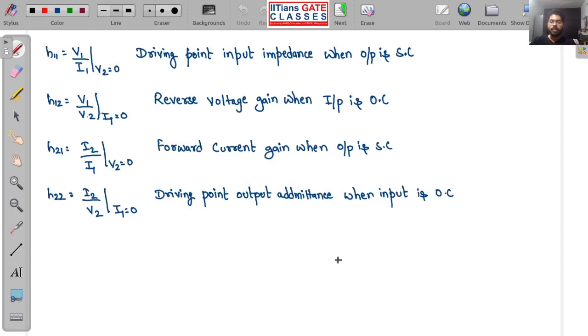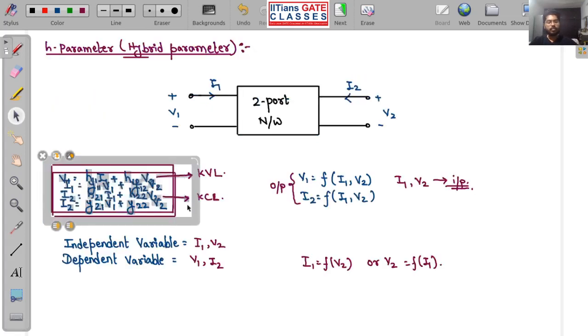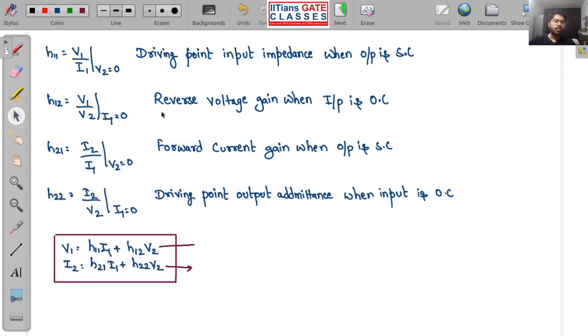Now what are the different names that have been given to all the parameters in the H matrix? V1 is equal to H11 I1 plus H12 V2.